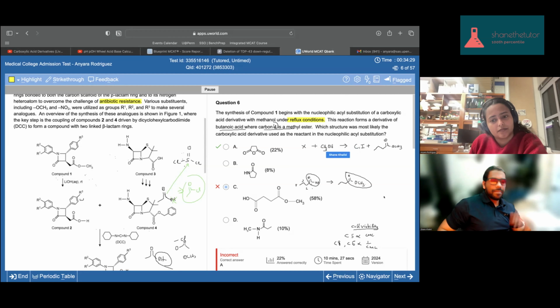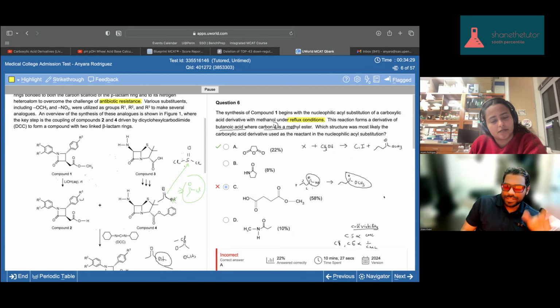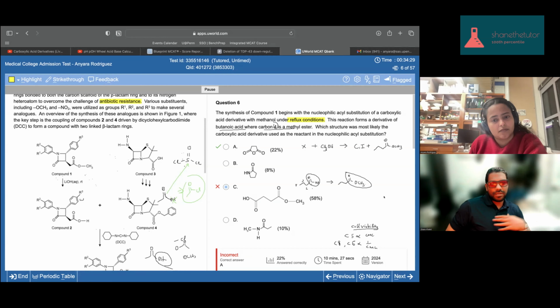So we have some structure that we add methanol to under reflux conditions, heat and stuff like that. And it gives us compound one, and it also gives us methyl butanoate, I think is what it's called.